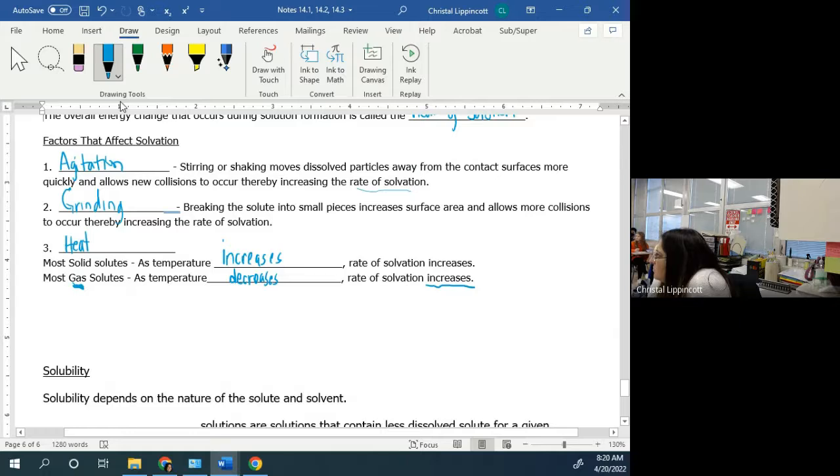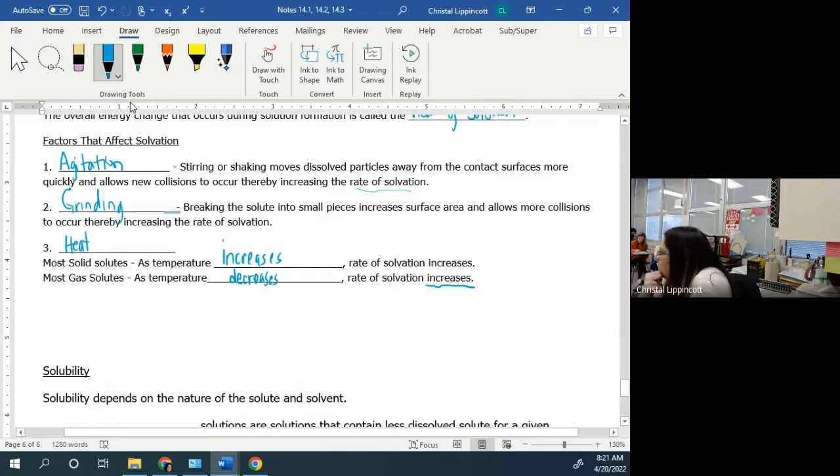Warm pop will lose its fizz much faster than cold pop. For those of you who enjoy the dissolved carbon dioxide in pop, it will have less gas dissolved in the warm versus the cold. I don't know that it's better for you. You typically will burp out the CO2 anyway, so you get rid of some of that gas.